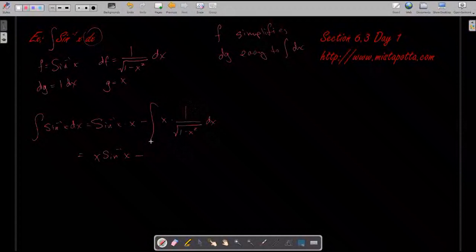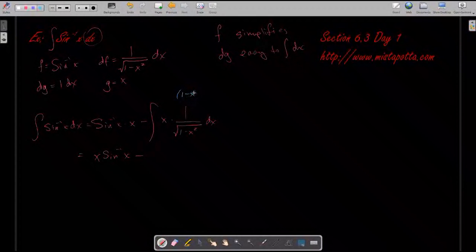But we just finished talking about u substitution. And I've got a composition of functions here. This is really 1 minus x squared to the negative 1/2 power.